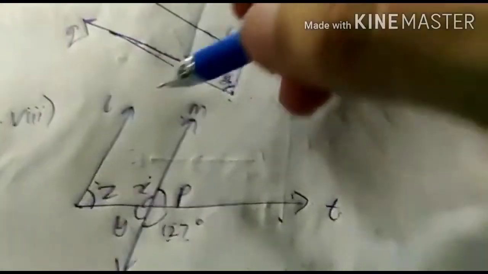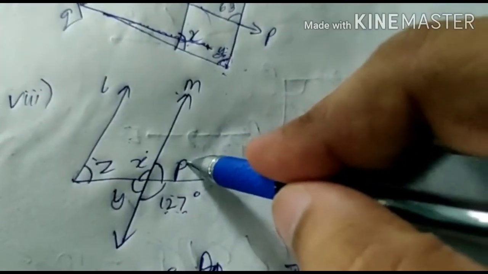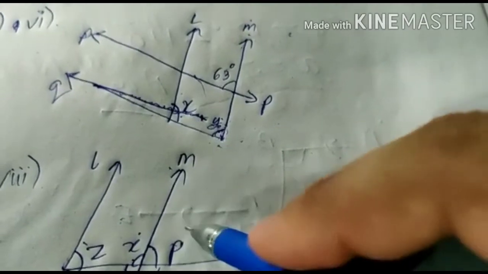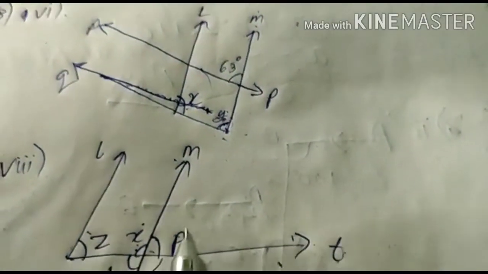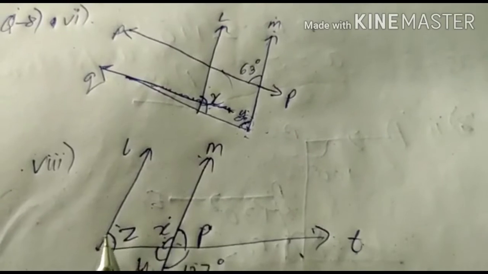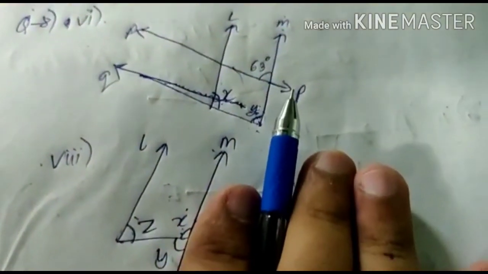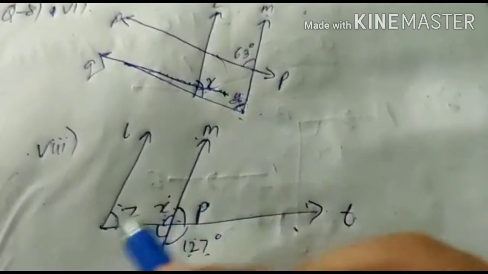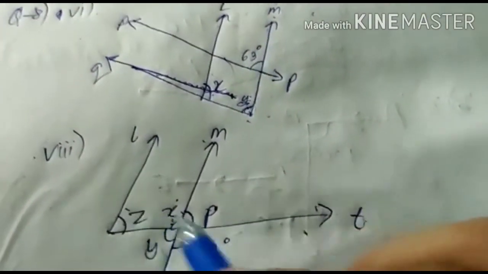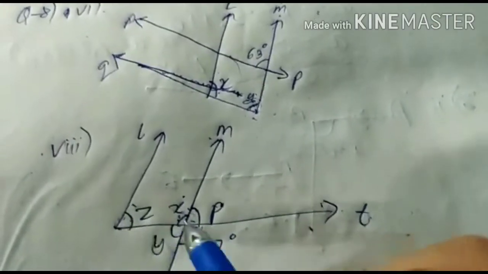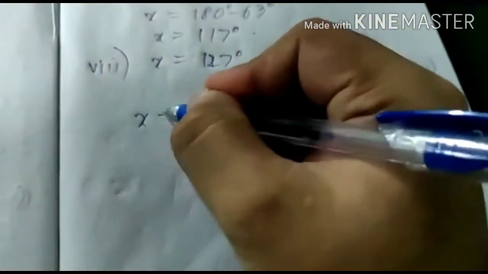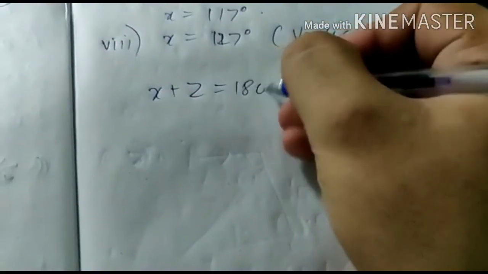Here x is a vertically opposite angle, and if we check for z and x, z and x are co-interior angles, as between the two parallel lines L and M, they are in the interior part. x and z being co-interior angles, you can write that x plus z equals 180 degrees.